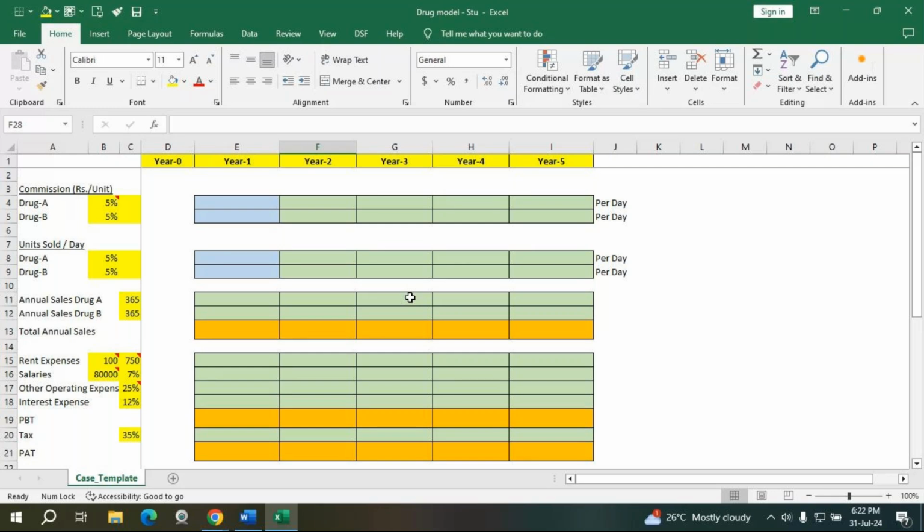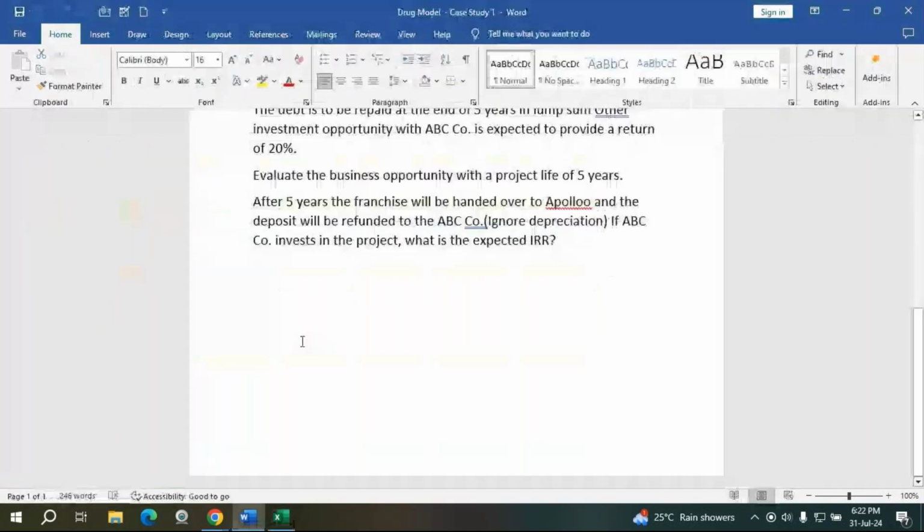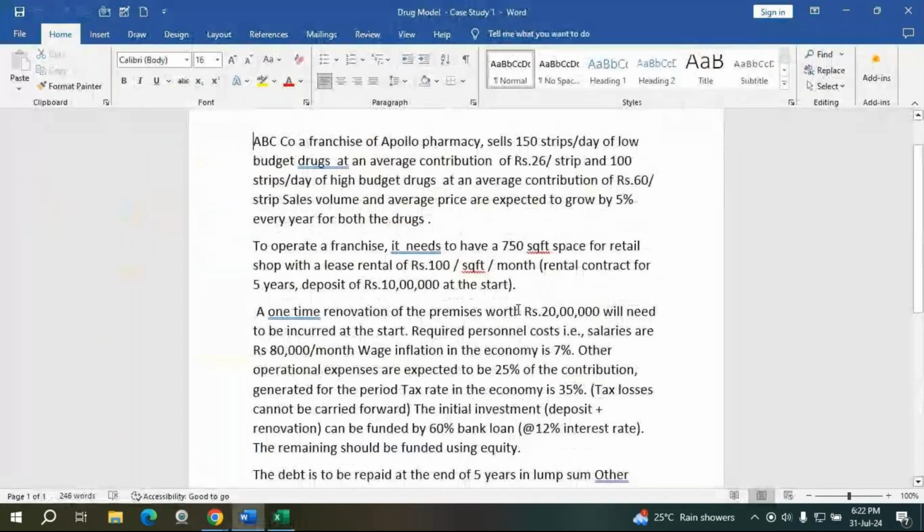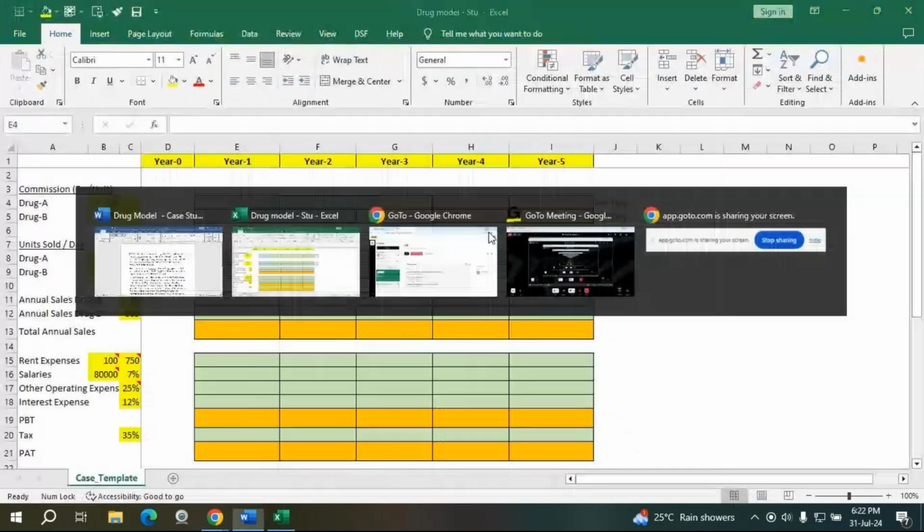Ma'am, for the very first step where we have to find the commission, whatever per unit price they've given, on that we have to take 5%, right? For the first year, whatever the drug rate is. Yes, ma'am. So here I have to take 26 rupees and 60 rupees.